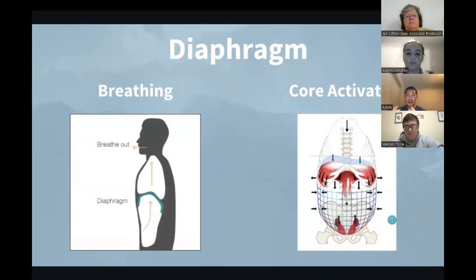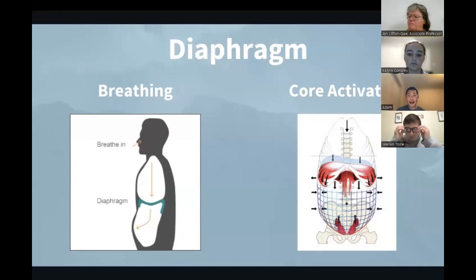And then the second function of the diaphragm is core activation. In order to achieve this, the diaphragm goes down inferiorly and compresses the abdominal content, and then we have all the other muscles: our abs, our obliques, our transverse abdominis, and our pelvic floor.